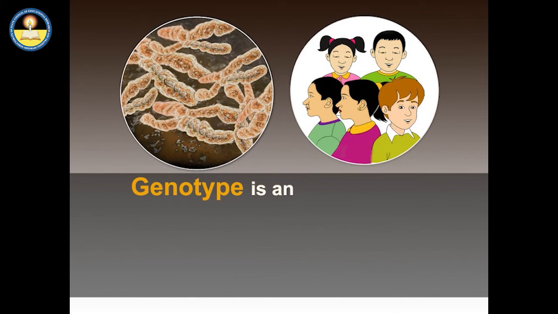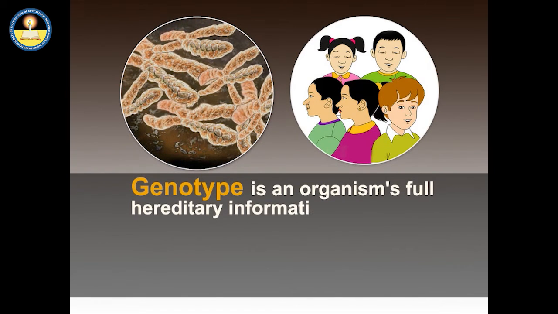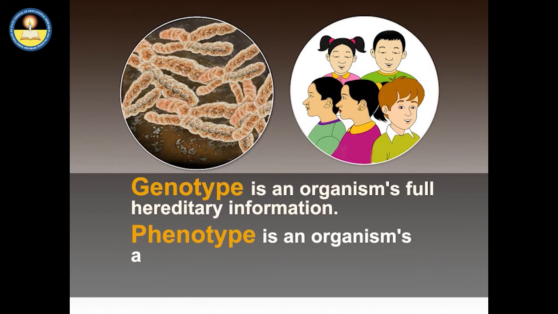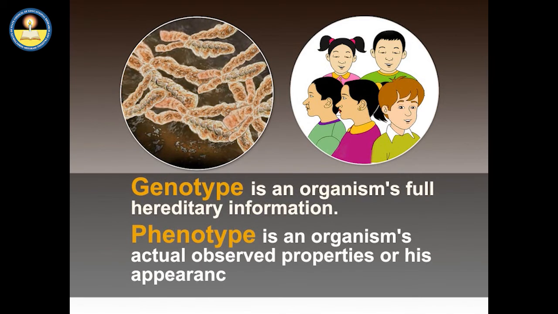Genotype is an organism's full hereditary information, whereas phenotype is the organism's actual observed properties or appearance.